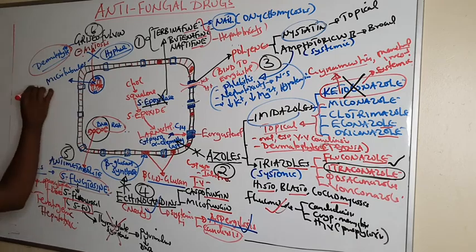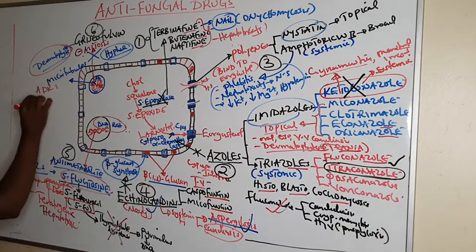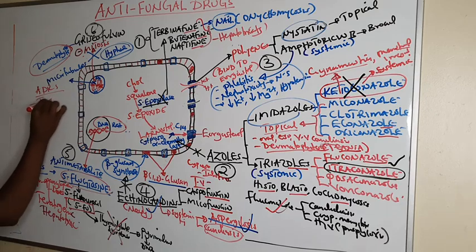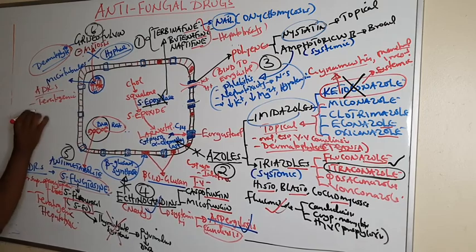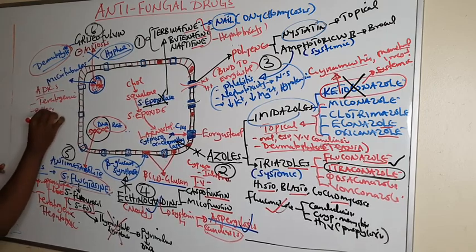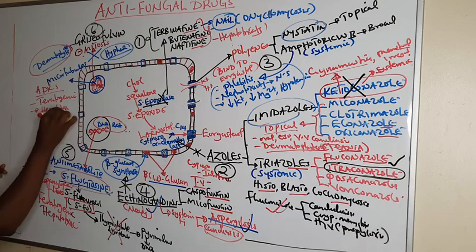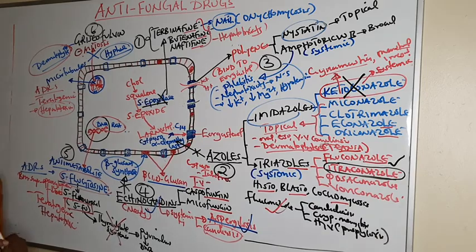And the side effects of griseofulvin are that it is teratogenic, contraindicated in pregnancy. It is also hepatotoxic. So it is not given to people with any liver disease. That is griseofulvin.